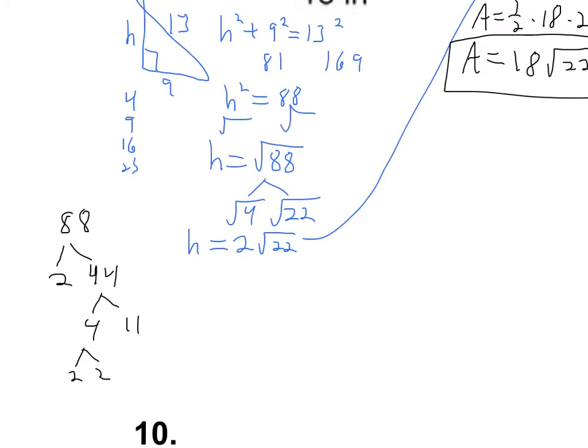And so what makes up 88 is 2 times 2 times 2 times 11. Remember, our rule is that every pair that's the same is a number that makes it outside the radical, and then the other numbers left over go back in the radical, and 2 times 11 is 22. So feel free to do it that way.